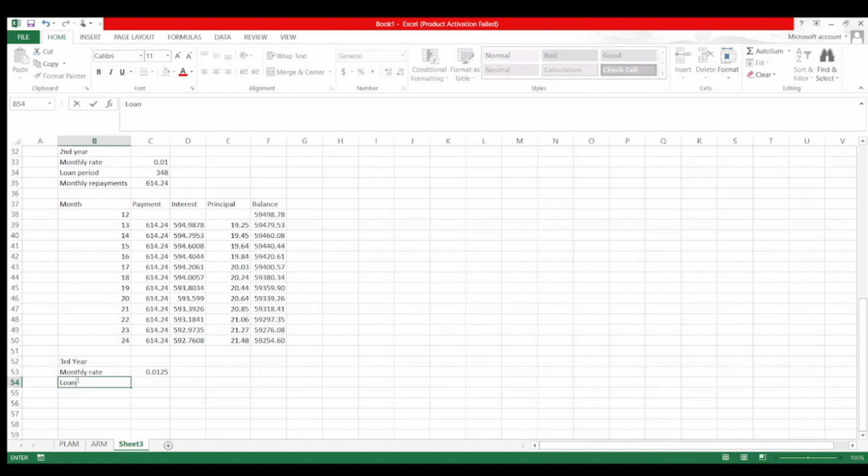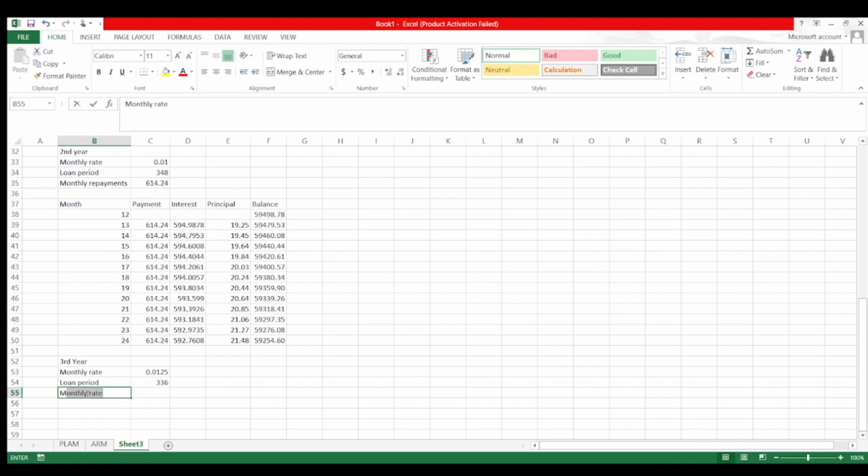The loan period is now equal to the previous loan period less 12. So the loan period now, the balance is 336 months.